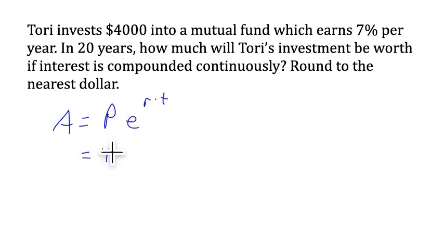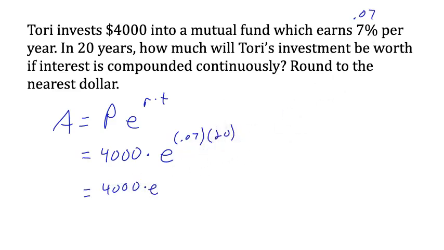She starts with $4,000. Multiply that by e. 7%, that's 0.07 as a decimal. So raised to the power of 0.07 multiplied by the number of years, so multiplied by 20.